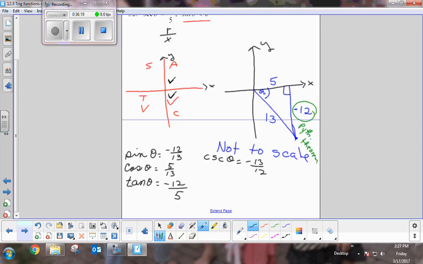The secant is the reciprocal of the cosine. And the cotangent is the reciprocal of the tangent. So, yes, Ariel.